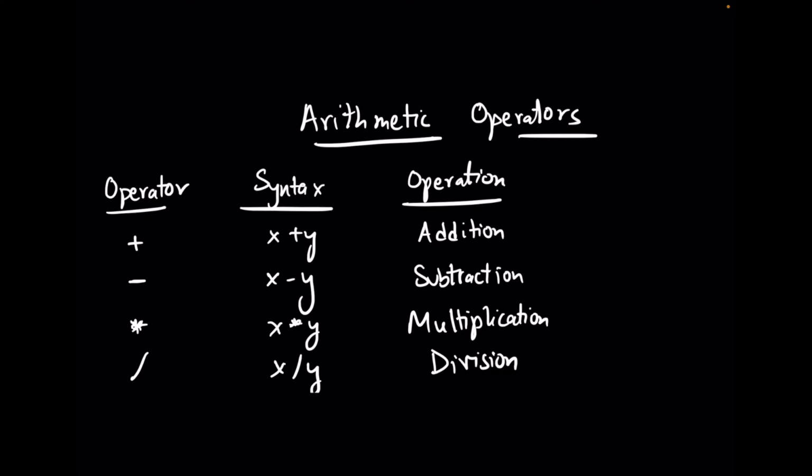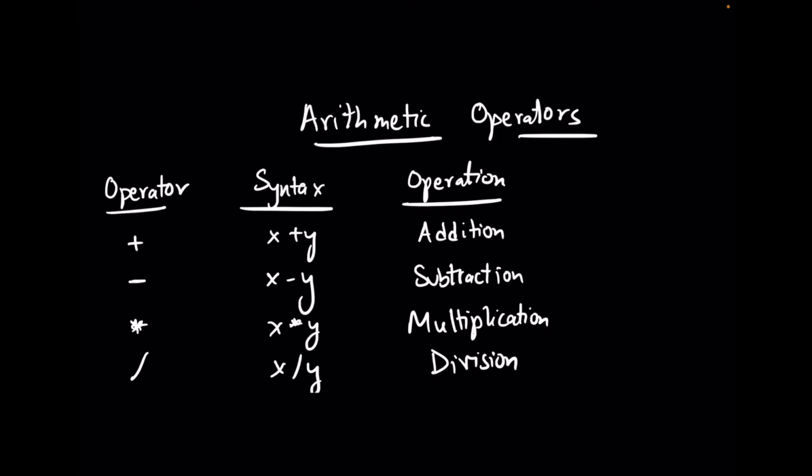The slash operation is new to us. This slash operation performs division. So when you write x slash y, where x and y are 2 variables, it's going to perform the division operation on x and y, and it's going to return the result.